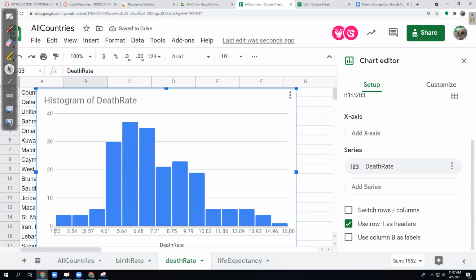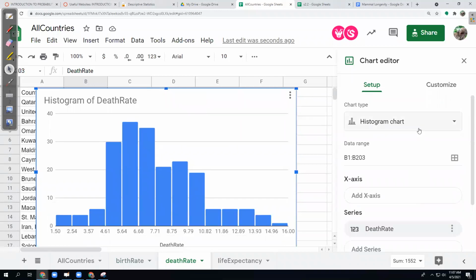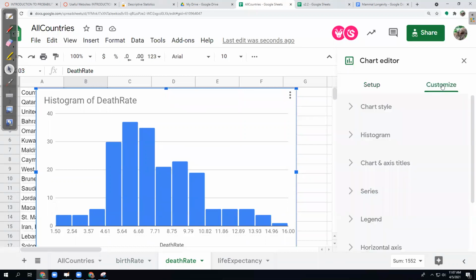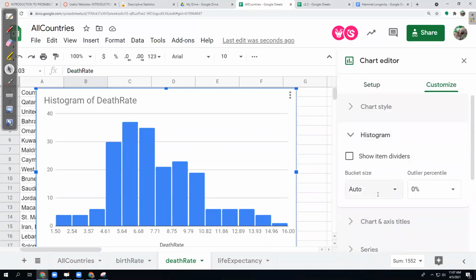And then it looked at the data and decided to make this many groups, buckets, bins, classes, whatever you want to call them. And so I'm just going to choose slightly nicer numbers there. Let's see, how wide is this one? 2.5-ish to 3.5-ish. So it looks like these are about 1 apart in terms of the spacing for the death rate. So let's go to customize histogram, and then instead of auto, let's try 1.